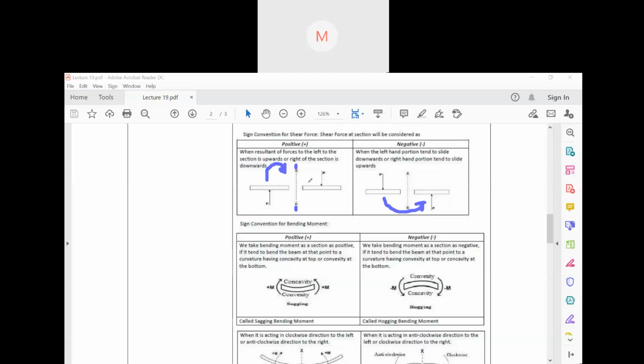This one is clockwise and this one is anti-clockwise. So clockwise is considered to be positive and anti-clockwise is considered to be negative.